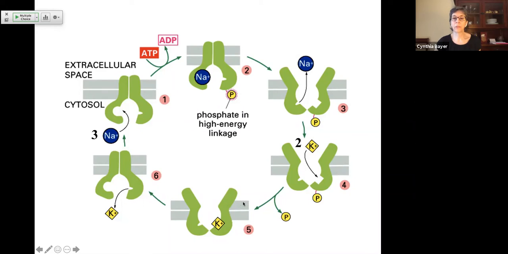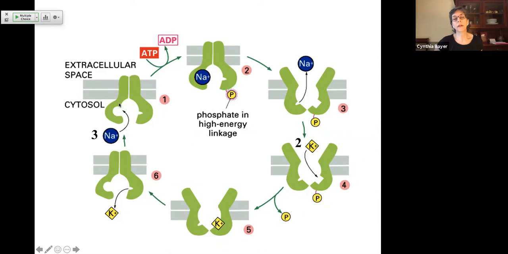Once that phosphate group is released, that results in a change of the pump again to its original conformation, which causes a change to the potassium binding site so that it is now low affinity, lets go of the potassium ions. They have now been transported into the cell, and then exposes the high affinity sodium ion binding sites again, allowing the cycle to begin.